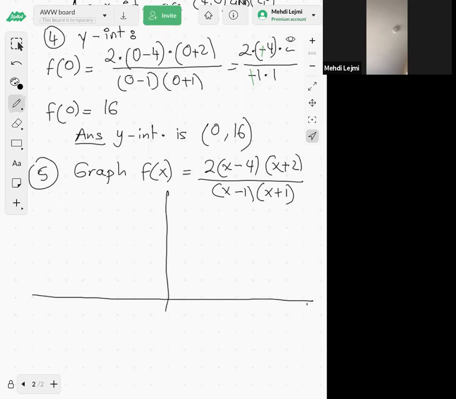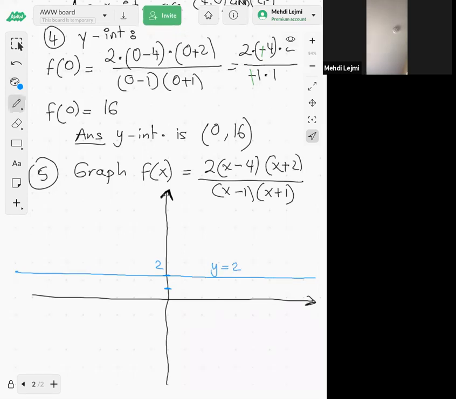First, I'm going to draw the horizontal asymptote, which is y equals 2. So this is 1, this is 2, and here's my y equals 2. That's my horizontal asymptote.